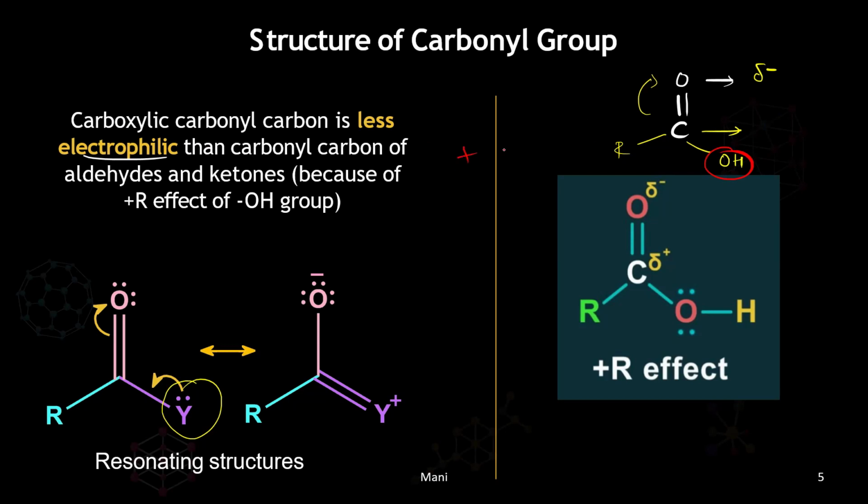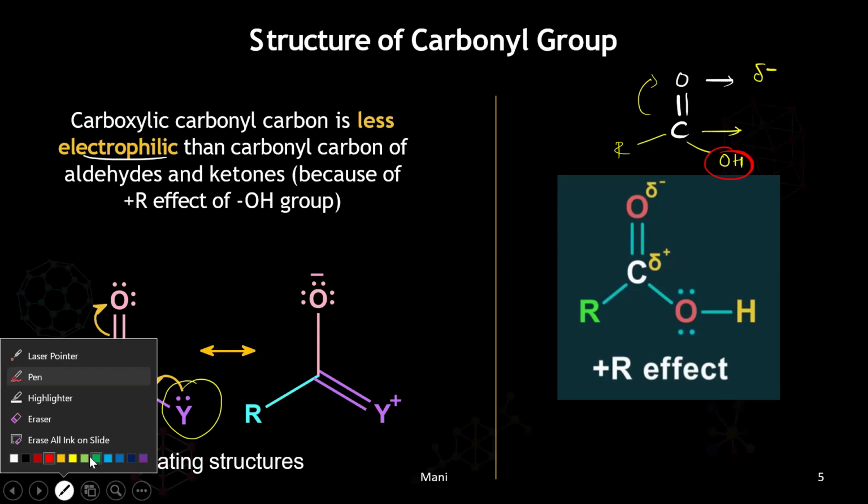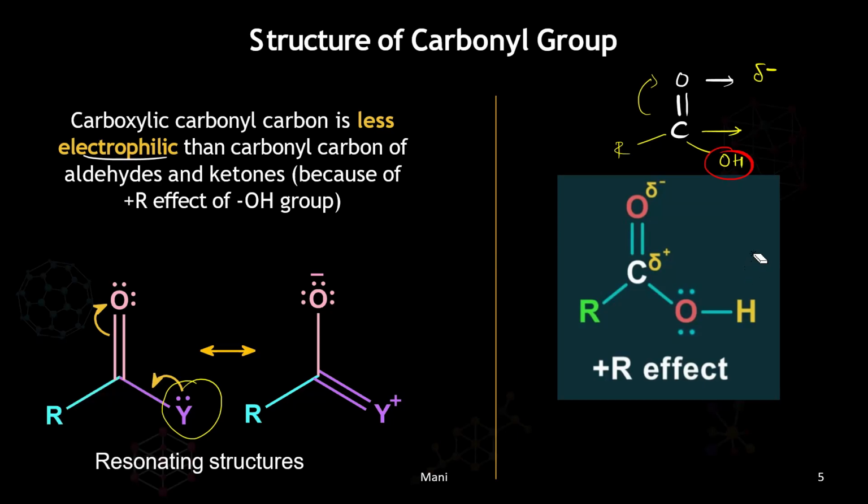The atom which is positive attracts the negative electrons. So carbon, being positive, attracts electrons, but that electrophilic nature has decreased. Is that clear? Banu, is this clear for you? Perfect. Just know this.